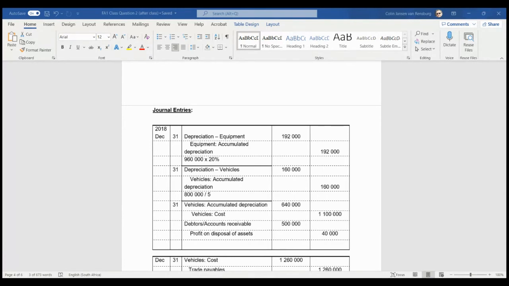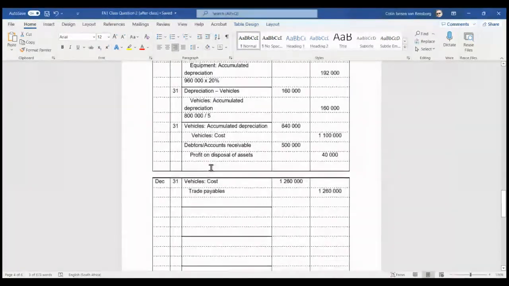But we have that very first entry that affected the accumulated depreciation. So there we can see we debited depreciation by 192,000 and we credited equipment accumulated depreciation by 192,000. So that means there was movement in the equipment accumulated depreciation account. So we'll have to go and disclose that in our note.